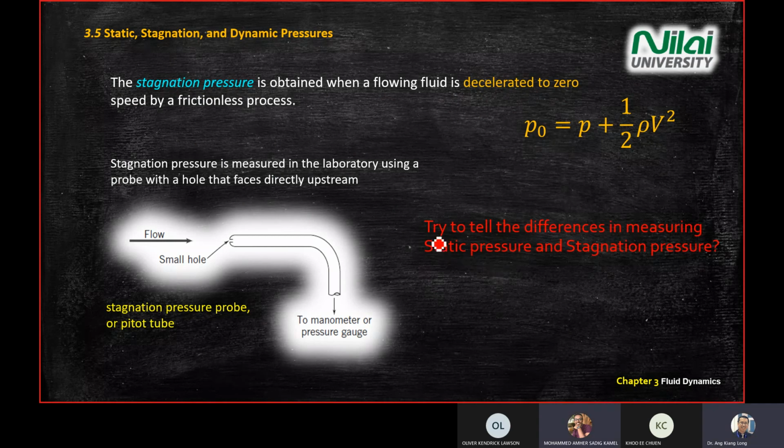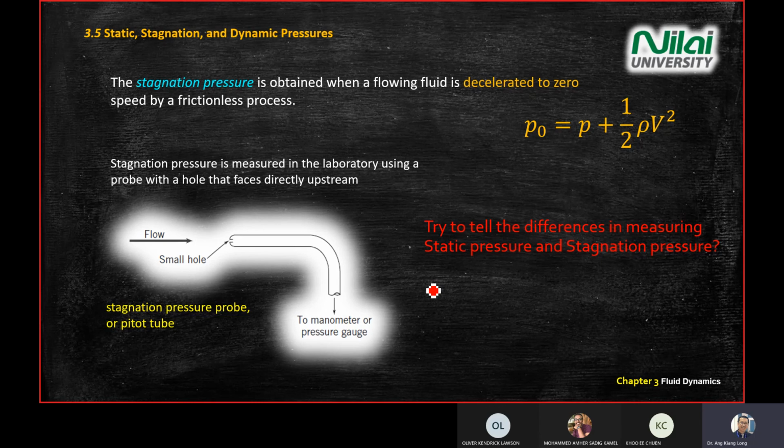Okay. This is also important for your lab report later on. So don't ask me this question anymore. When the question asks you to solve for static pressure or read the static pressure reading, or in the video later on, don't ask me whether this one is static pressure or stagnation pressure.